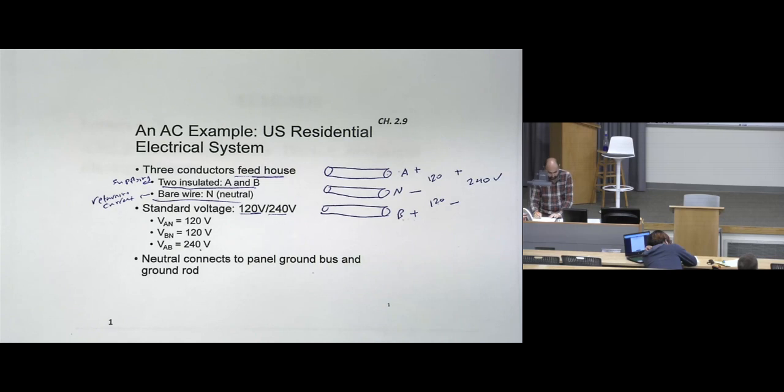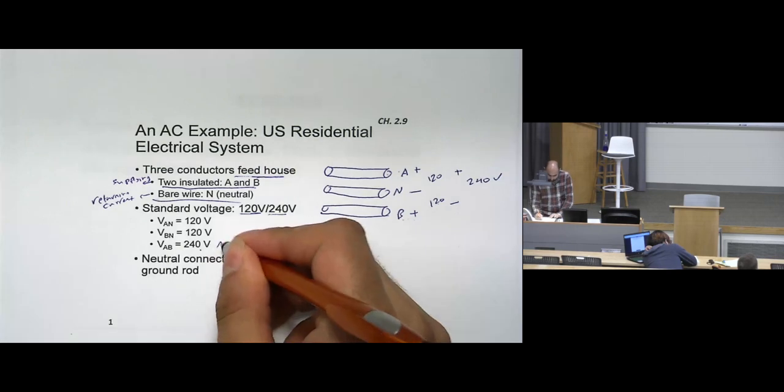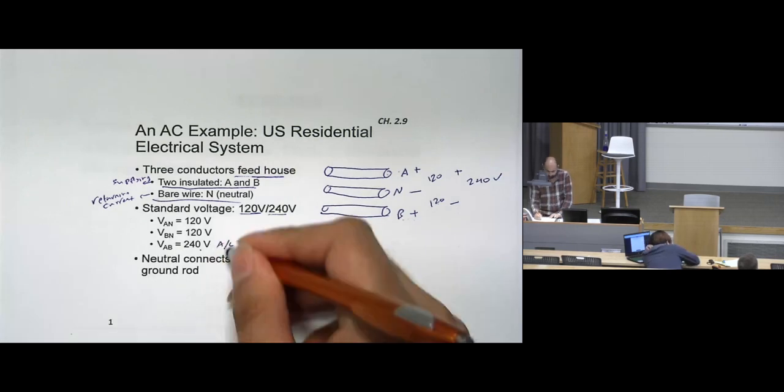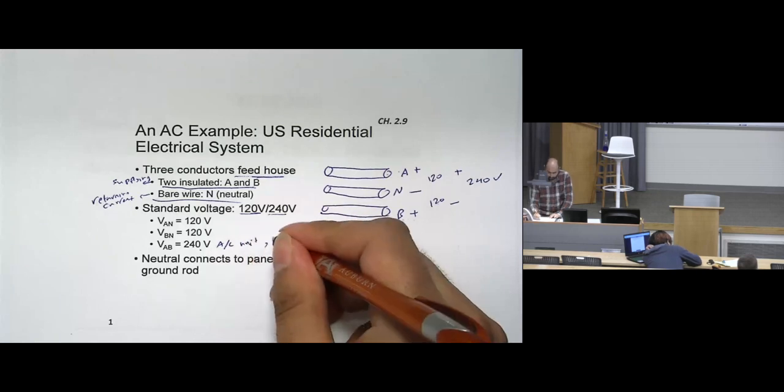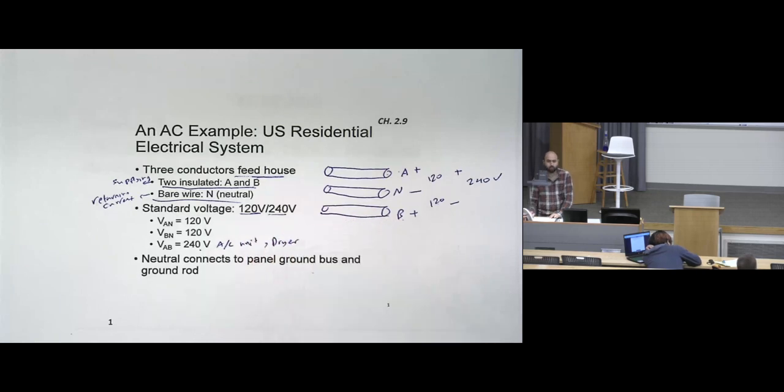For example, the AC unit, the air conditioner, is 240, and so is your dryer. Some applications are based on that. The water heater, depending on the heater type, is 240.